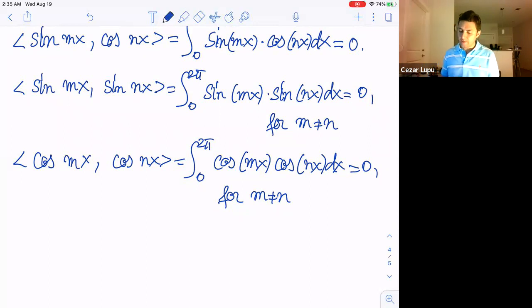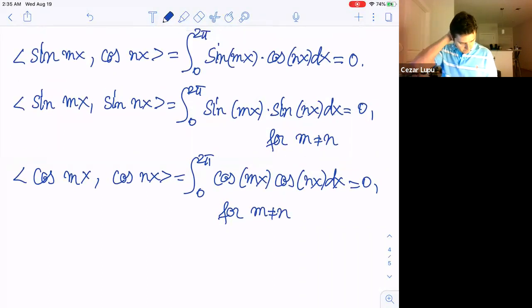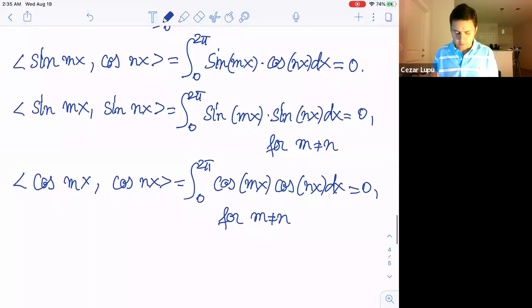Now the question is, what happens when n equals m? And in fact, let's prove one of these.